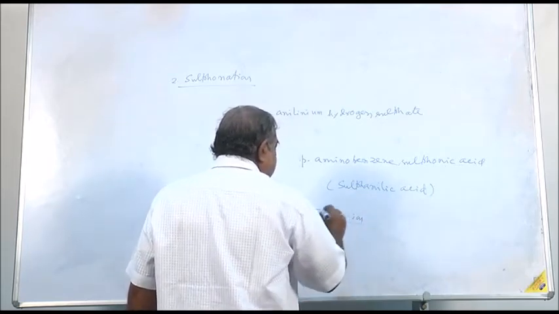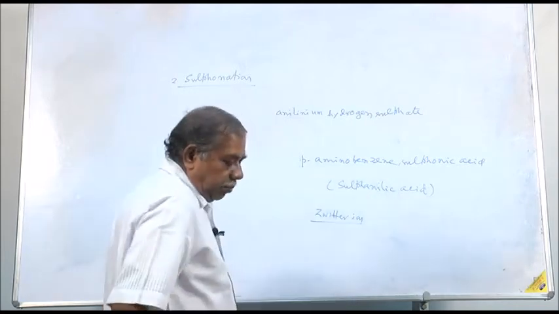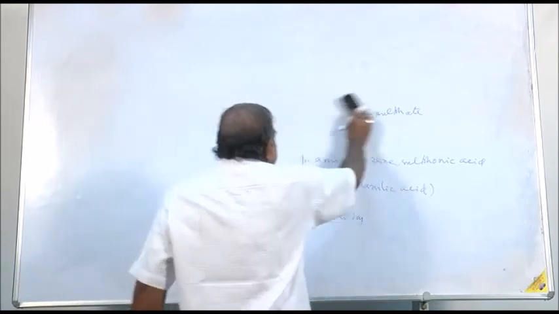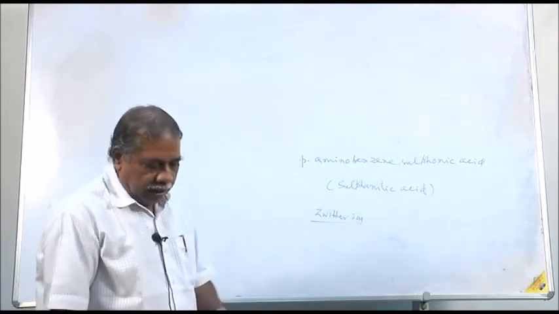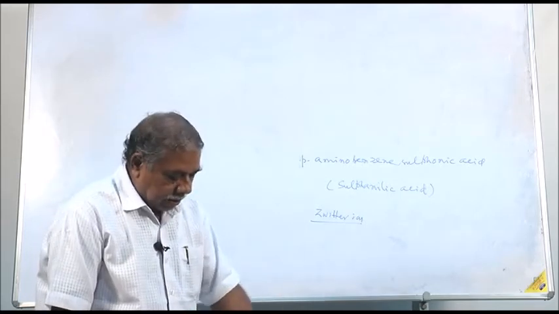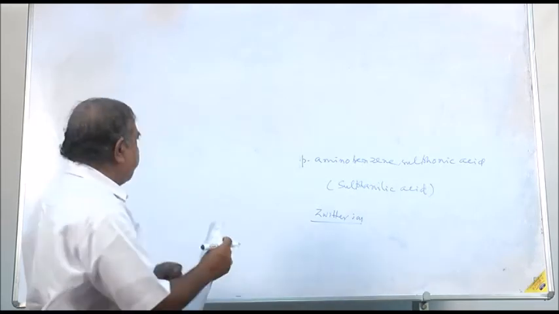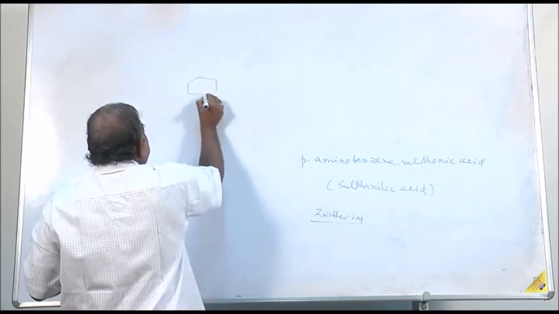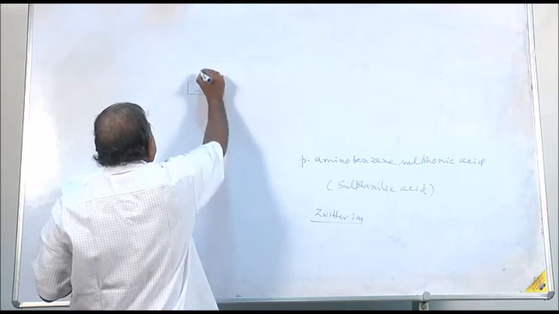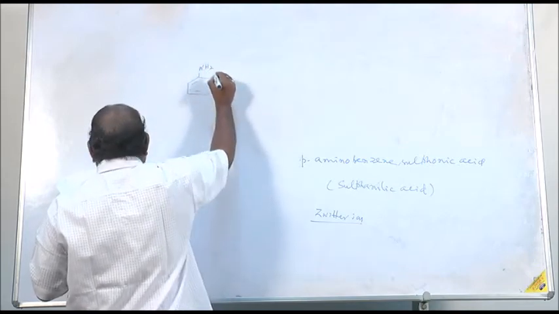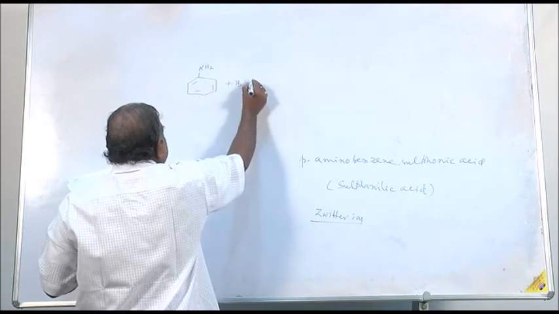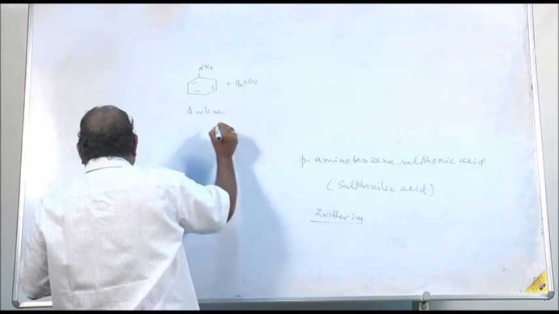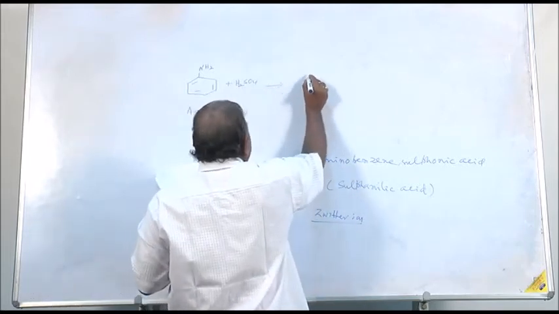Zwitterion means the molecule having both a positive part as well as a negative part. So I am writing the steps of the reaction. When aniline is treated with concentrated sulfuric acid, it first forms an addition compound.